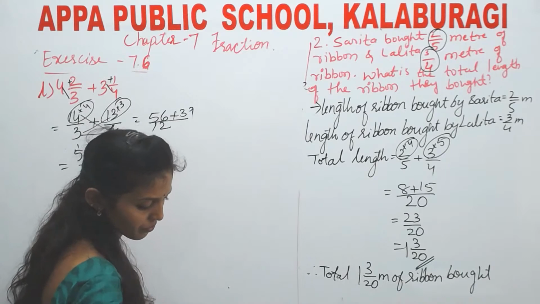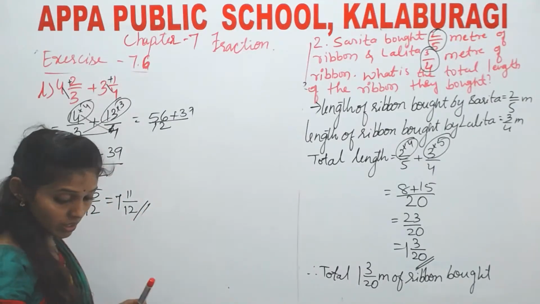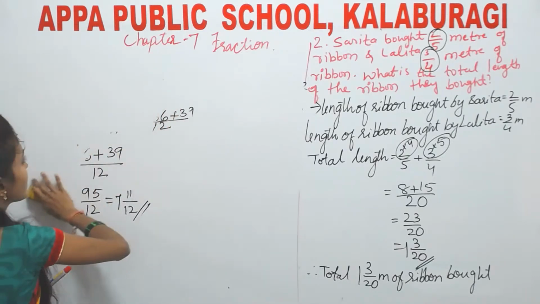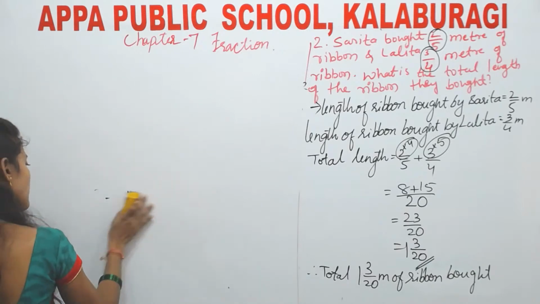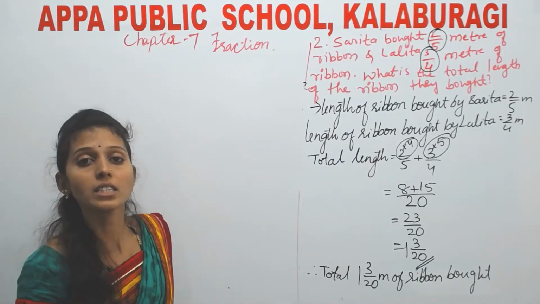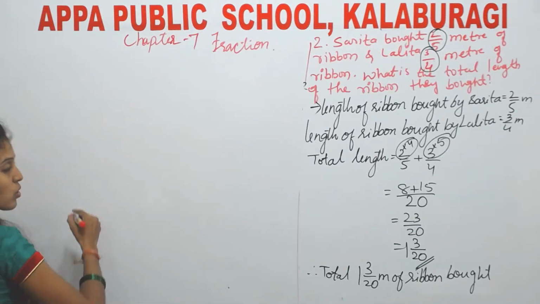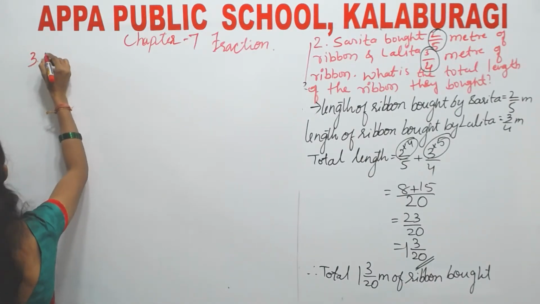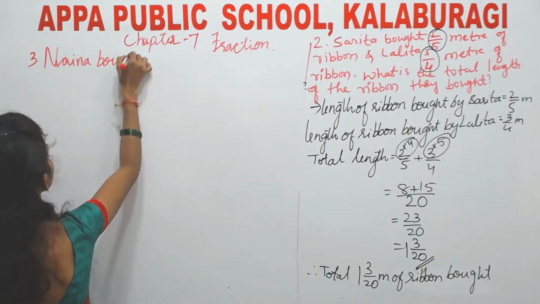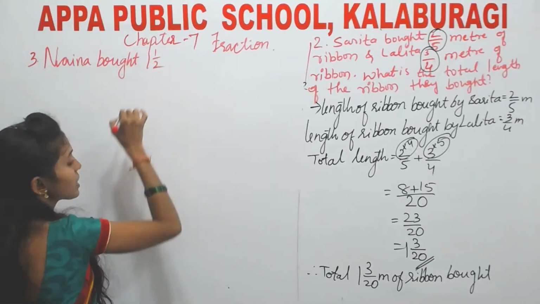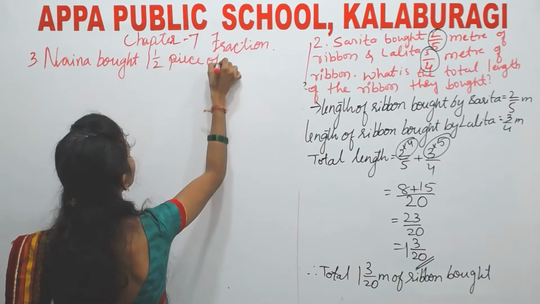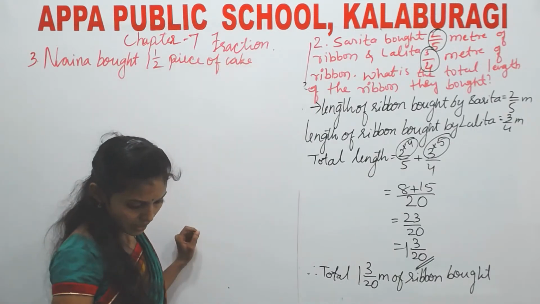Next, third one. See, I did not even rub it. Naina was given 1.5. That means one integer, 1 by 2 piece of cake.